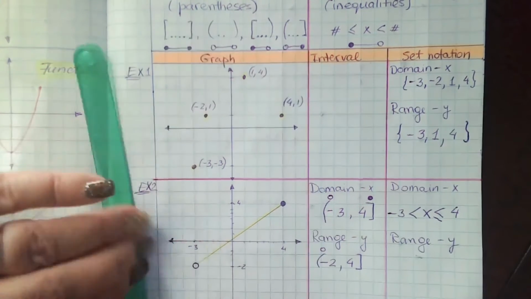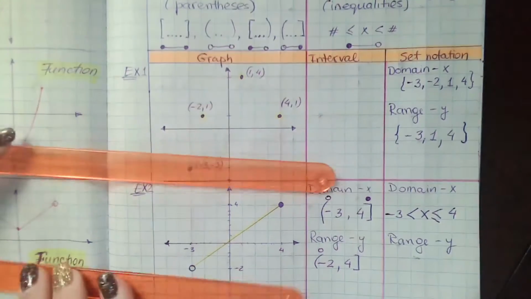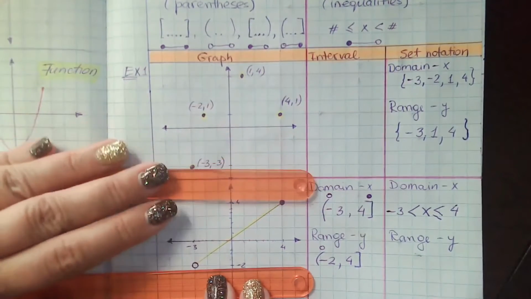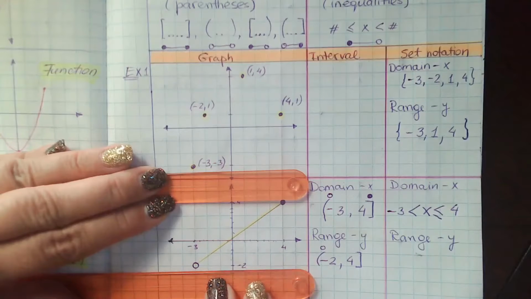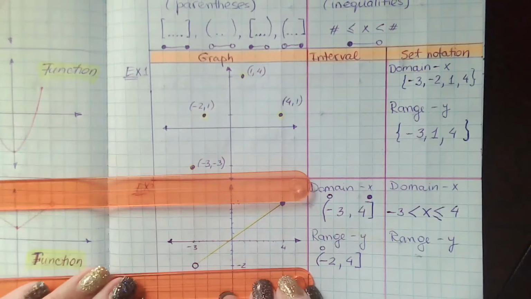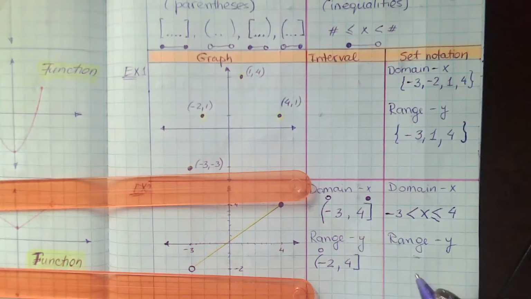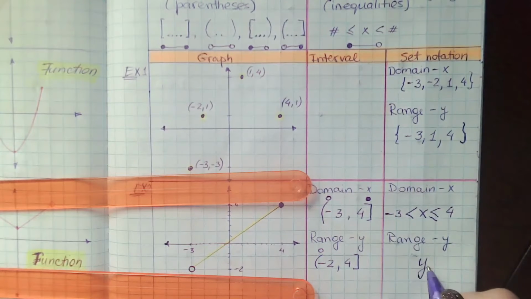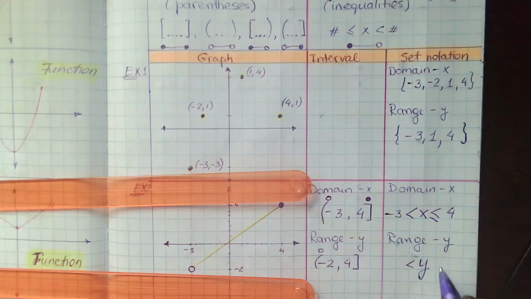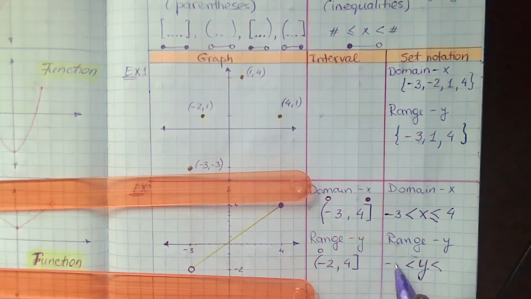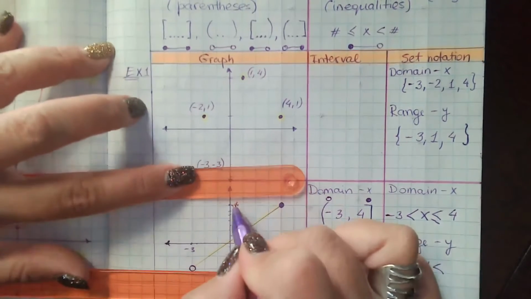The range from -2 to 4, so we represent the range as an inequality. So now we have to say that the y values are in between -2 and 3, not 4 here.